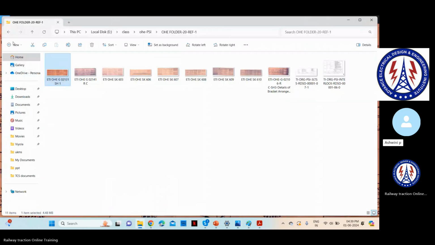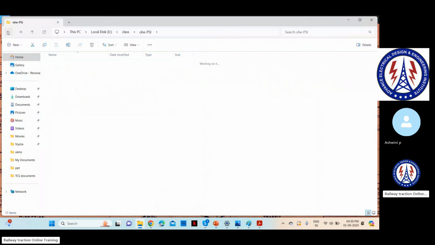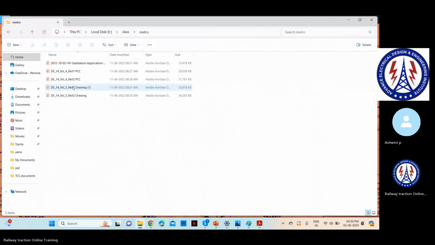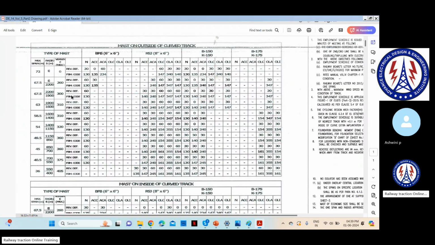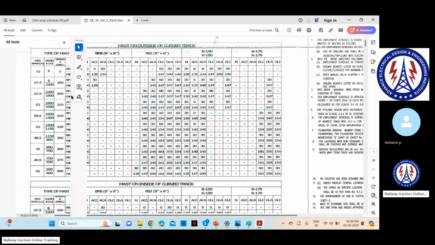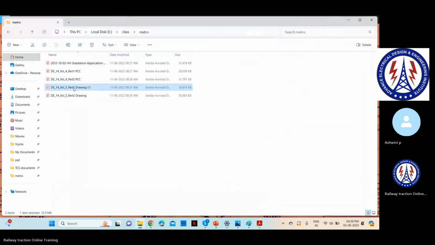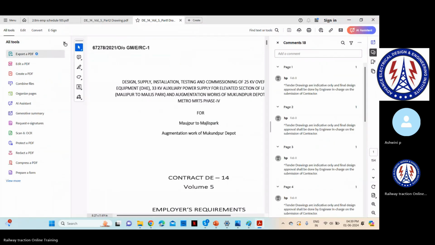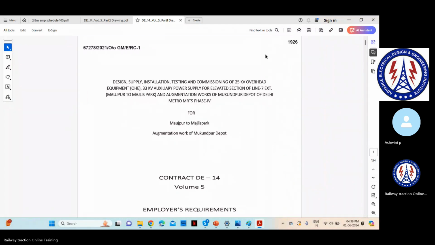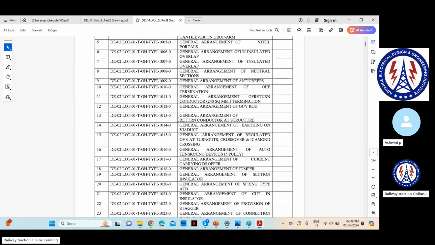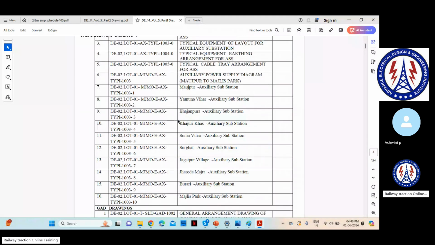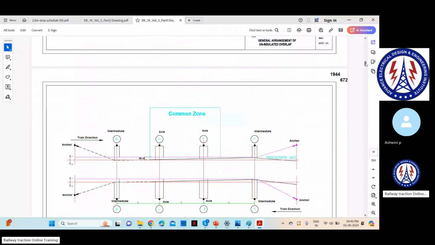You have a beginning plan, the LOP. So these are Delhi Metro documents only. Yeah, I'll just show you how they do it.